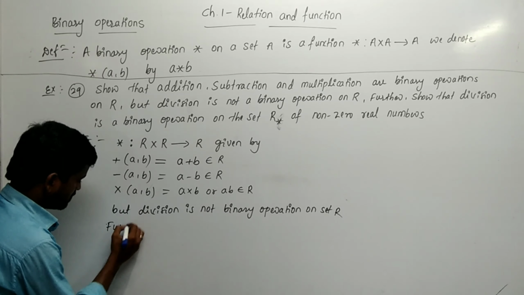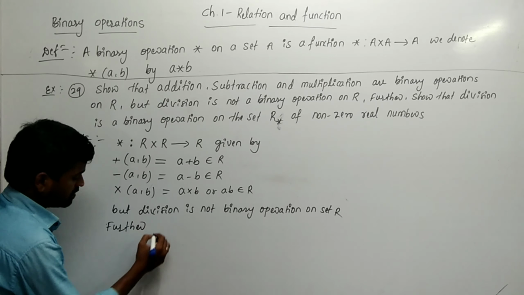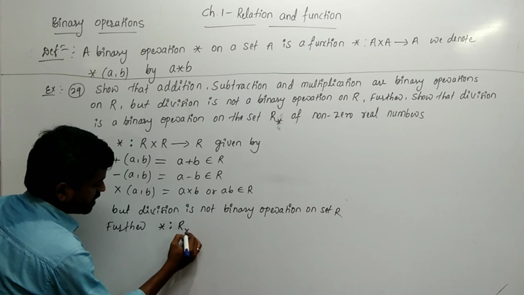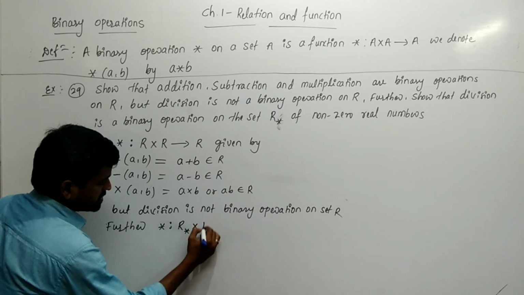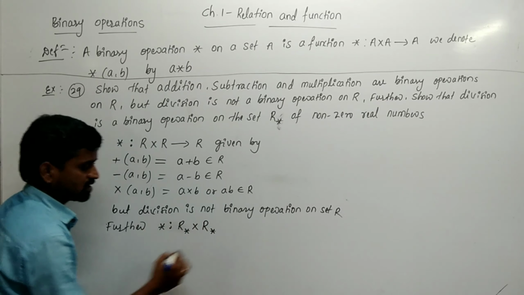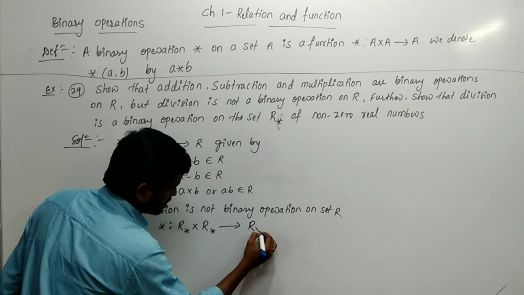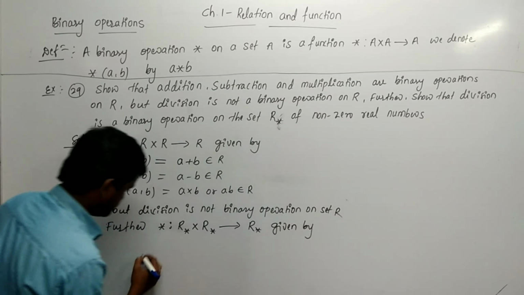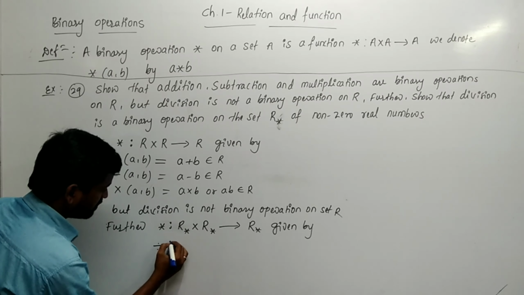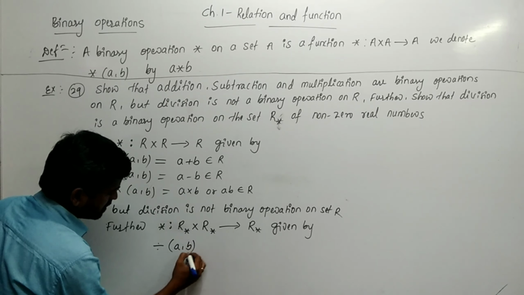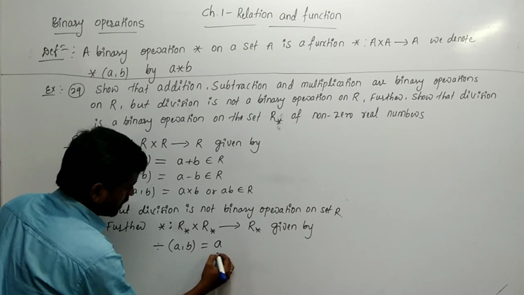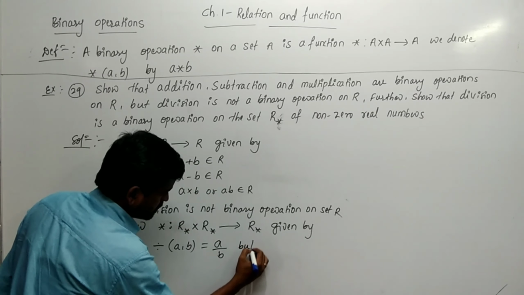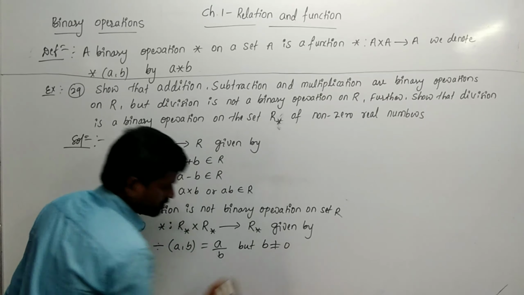Further, star such that R star Cartesian product R star to R star is given by division of a comma b equal to a by b, but b not equal to 0.